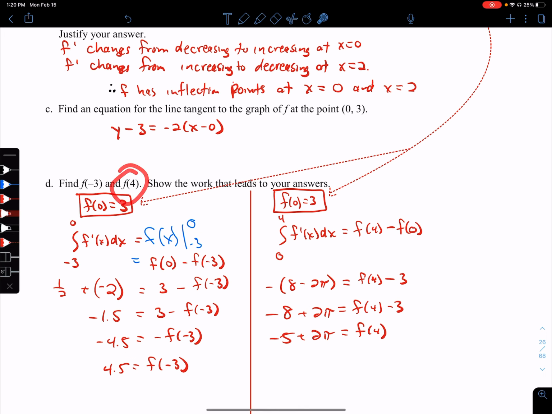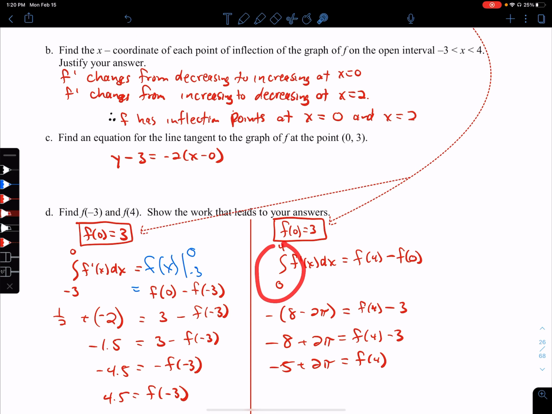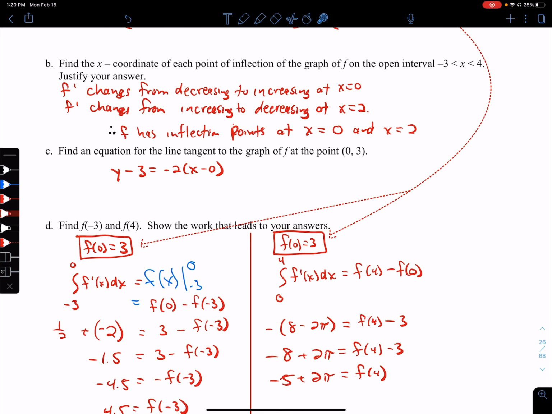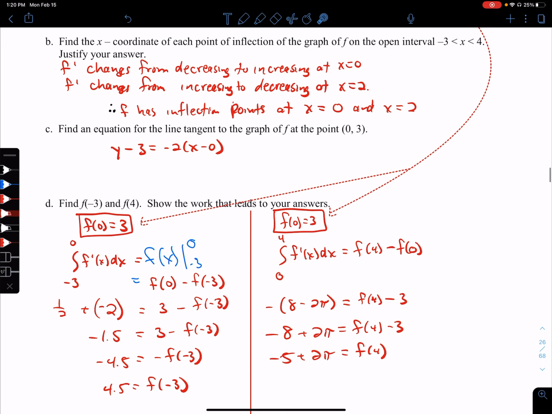Now let's figure out what f of 4 is. Well, we could go from 0 to 4 here once again. 0 because we were given the ordered pair (0, 3), and 4 because that's what we're trying to figure out. The fundamental theorem of calculus says if you integrate from 0 to 4, it's going to be the antiderivative evaluated at 4 minus the antiderivative evaluated at 0. Now we don't know what f of 4 is.